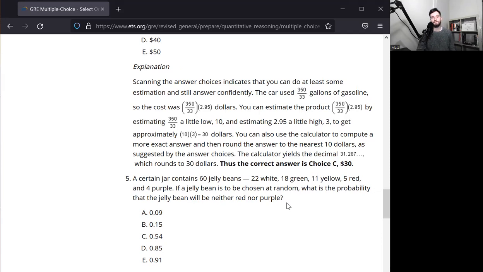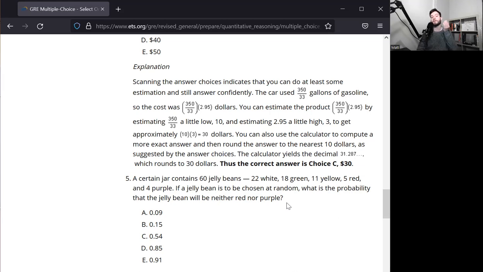What is the number of desired jelly beans here? Well, there's not red and not purple. That would be white, green, and yellow. What is the sum of the white, green, and yellow jelly beans? Why would I want that sum? Well, I'm looking for desired outcomes, so I can put that over the total.